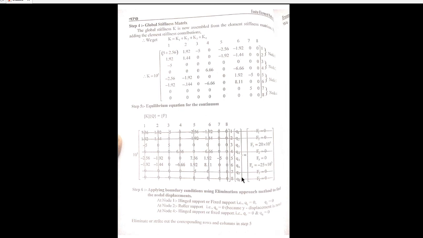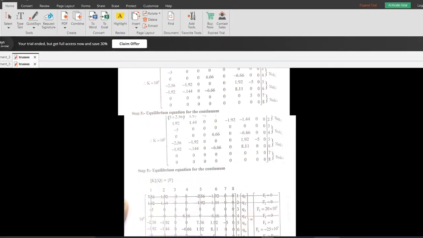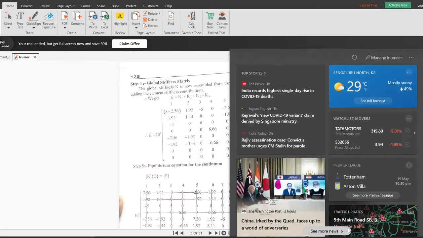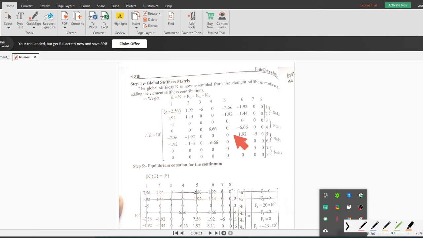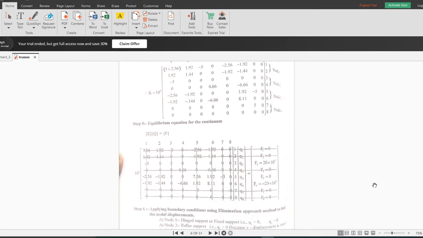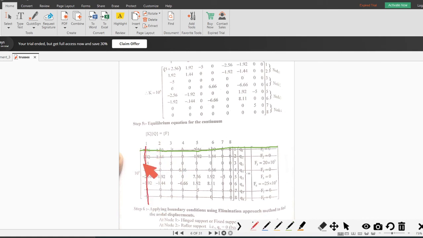See, which become 0 now? Rows and columns become 0. So Q1 becomes 0: first row, first column. Q2 also becomes 0: second row, second column.